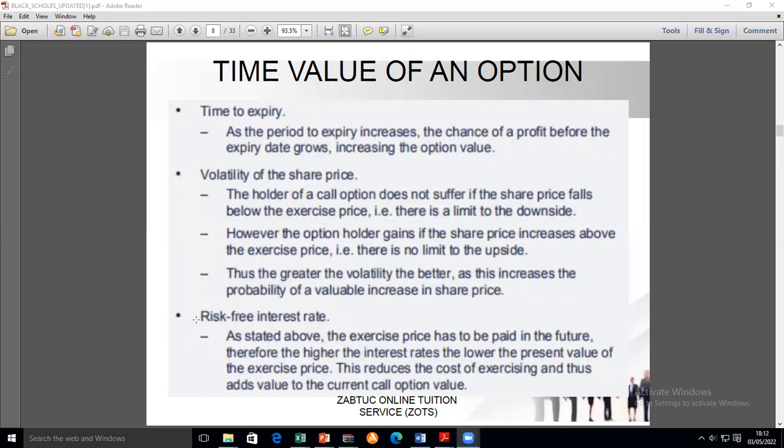Now remember, I spoke about discounting. Whenever you discuss time value of money or present value, what do you need? You need a discount rate. And the discount rate that you use here is a risk-free rate.